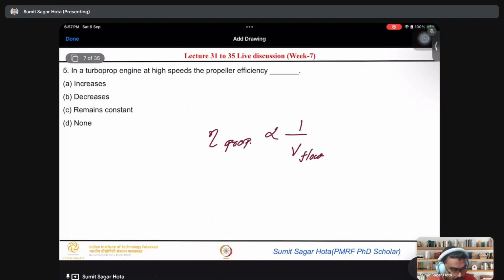So for a turboprop engine at high speed, if the speed increases, the propeller efficiency will decrease. This is your answer B.